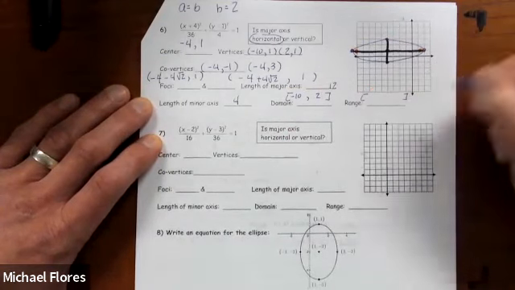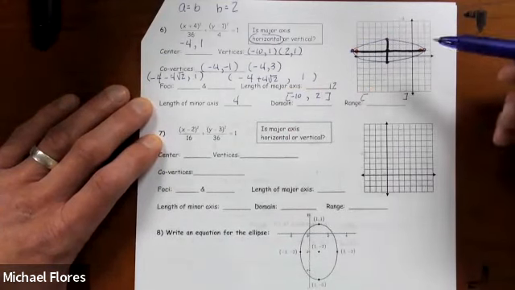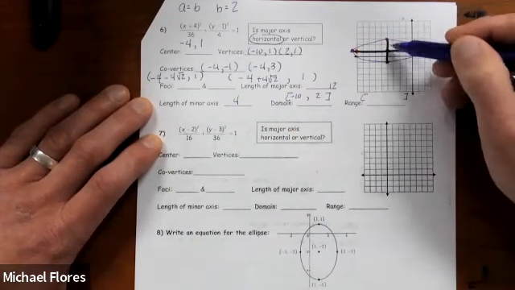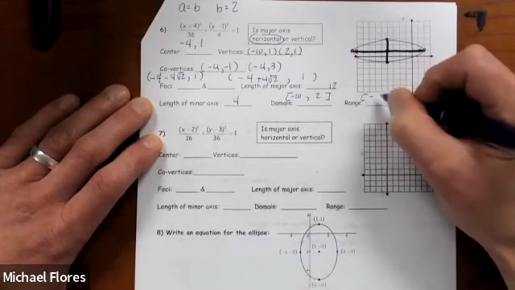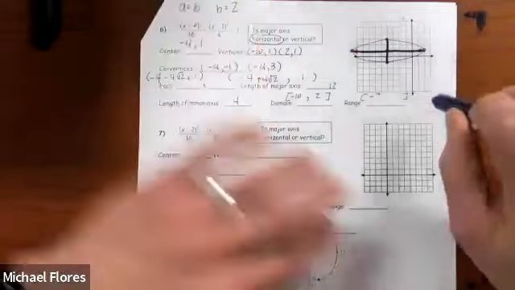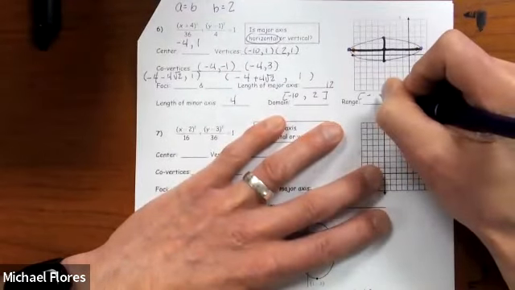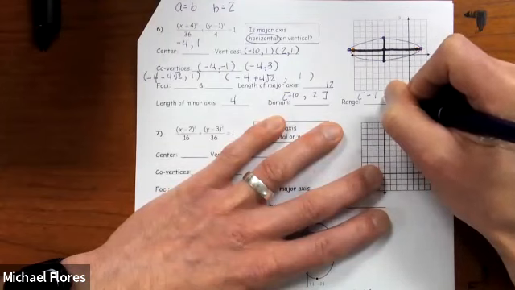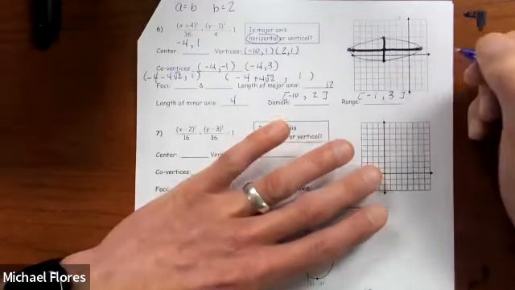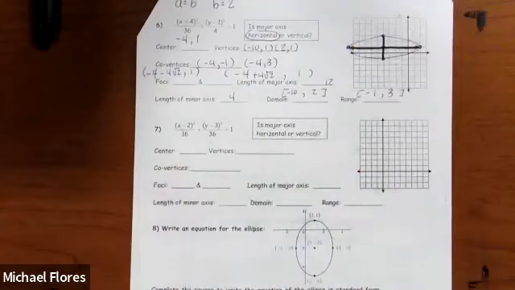And then your range, all of the y values this graph covers from bottom to top. That would be -1 to 3. And that one's done.